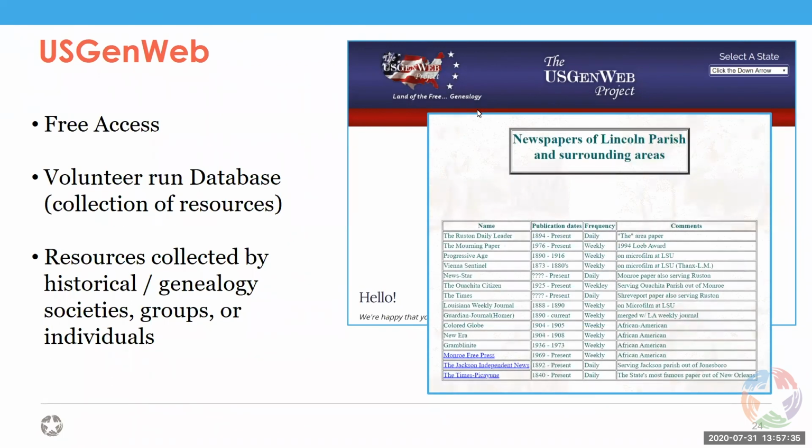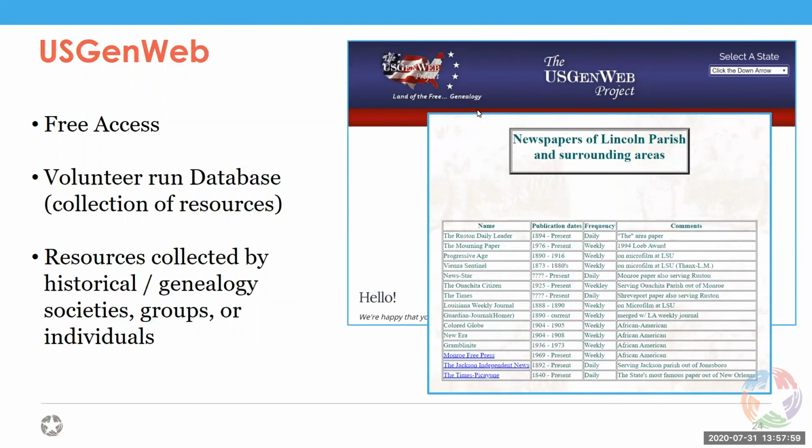I looked up newspapers from Lincoln Parish and surrounding areas in Louisiana, as I had family from the region. And like I said, I was from a newspaper background, and I knew of many of these titles, but I discovered from this website a lot of publications that I did not know existed.